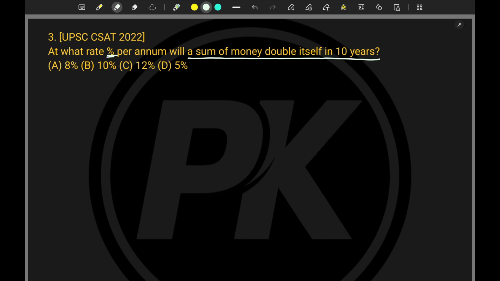Now, how to solve this problem without a formula? Let's say the principal amount was 1 rupee and the sum of money got doubled in 10 years, right? That means 1 becomes 2 in how many years? 10 years. And what we have to find out is the rate of interest. Now tell me, what is simple interest here? Simple interest is the extra amount we get back on the principal.